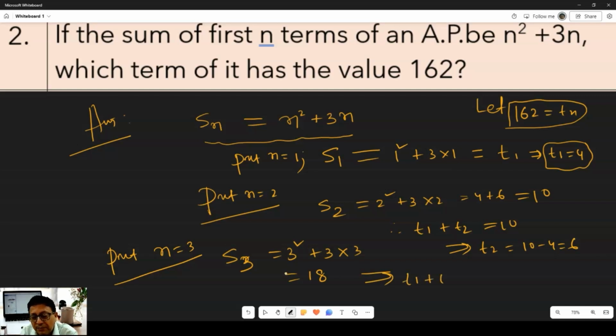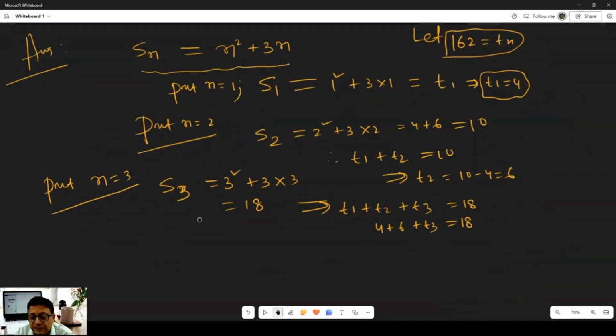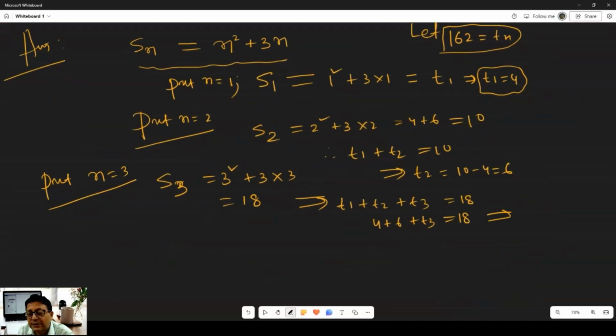So T1 plus T2 plus T3 is 18. You got the value of T1 and T2. 4 plus 6 plus T3 equal to 18. So what do you get? T3 equal to 18 minus 10. This is equal to 8.